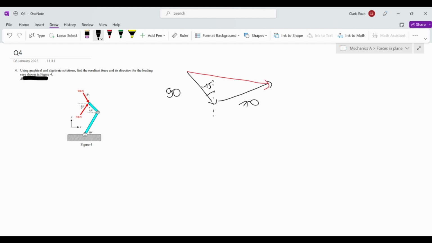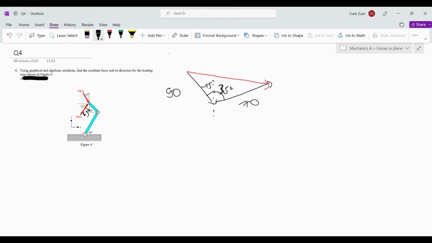So this means that this angle here is 45 degrees. And so that's the angle between the vertical and the 70. 35 degrees, my goodness. 35 degrees. There we go. And that's the angle between the two forces, which is the one we need to calculate R.